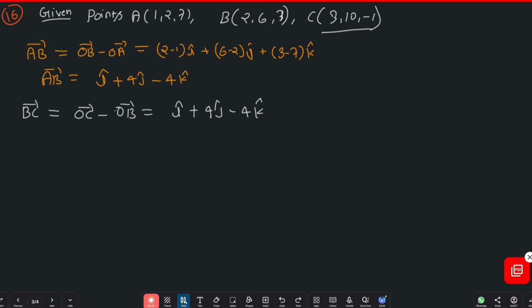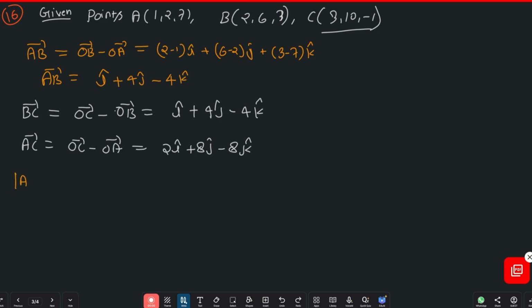After that, AC vector is OC minus OA. So 3 minus 1, 2 i cap, 10 minus 2, 8 j cap, minus 1 minus 7, minus 8 k cap. Then I need length AB, length BC, length AC.